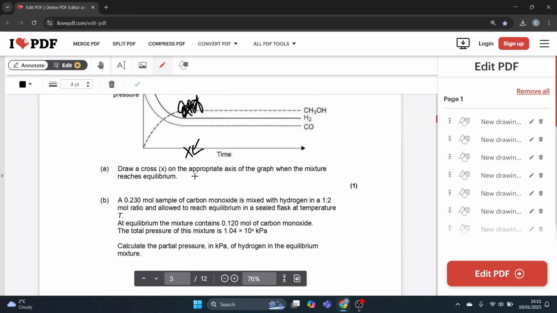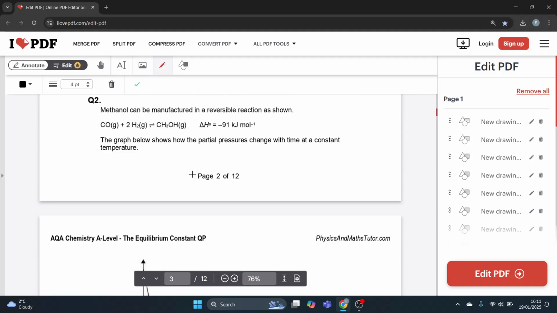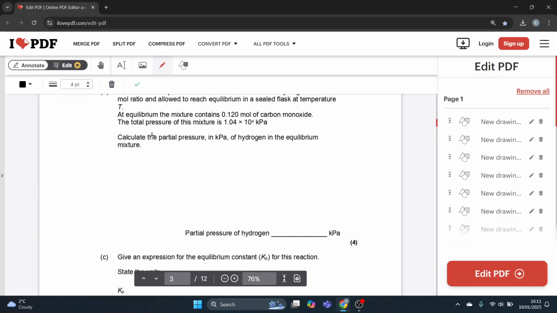And then part B says calculate the partial pressure of hydrogen at equilibrium. I'm given the total pressure, which is really nice. So I'm going to have to find out the equilibrium moles.